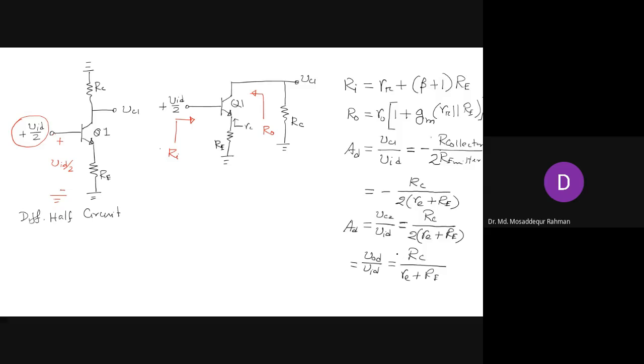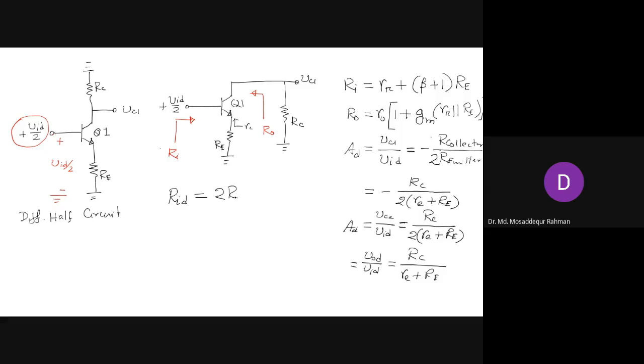So you see that the differential amplifier has a lot of similarities with the common emitter amplifier. The differential gain with differential output is the same as what we have for the common emitter, the only difference being the minus sign there. Everything else, input and output, is also the same expression, but twice of this. The input resistance for the differential amplifier is denoted as RID, called the differential input resistance.